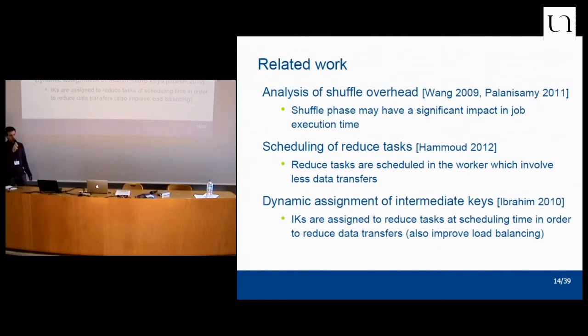The second work that I present here is more fine-grained, in the sense that it does the scheduling at key level, not at task level. So intermediate keys are assigned dynamically at reduce time to the reduce tasks. And then, of course, the reduce tasks are scheduled in the nodes to minimize data transfers.